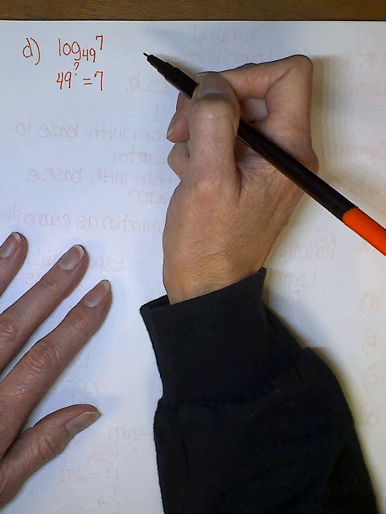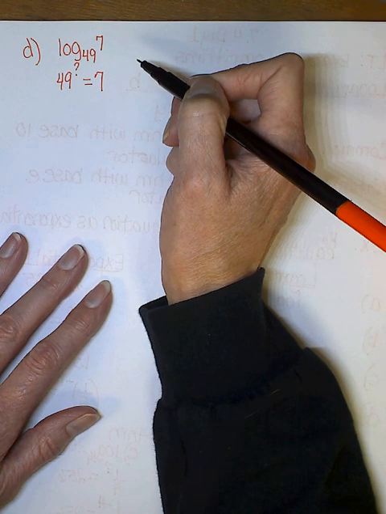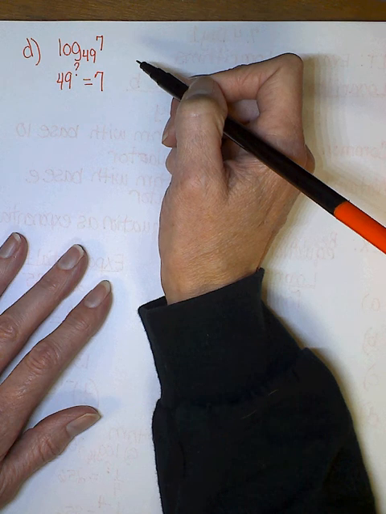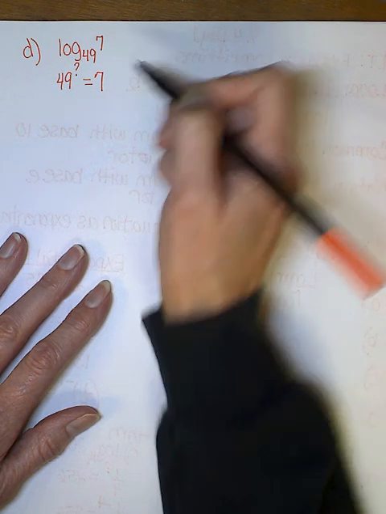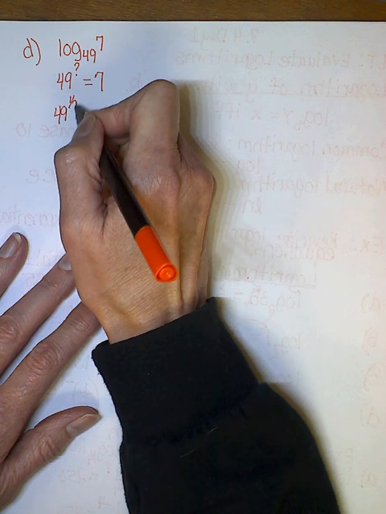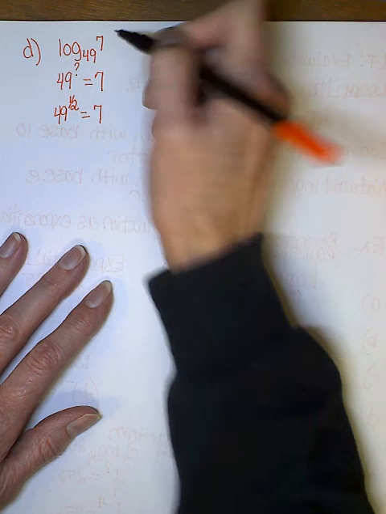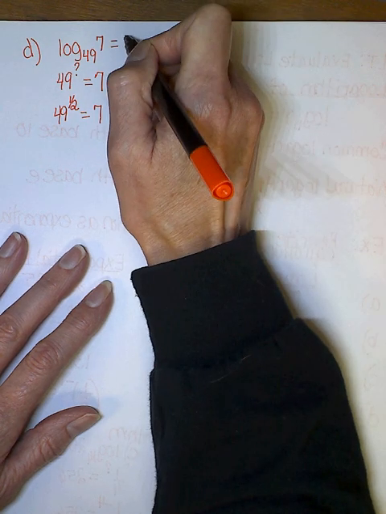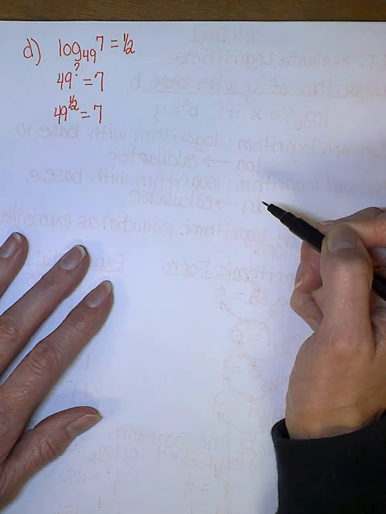And I know that if I took the square root of 49, it would be 7. So how do I convert the square root into a fraction? You've been doing this for a while. And the square root, remember, is the same thing as the 1/2 power. So that would mean the square root of 49. So I know that 49 to the 1/2 power equals 7.